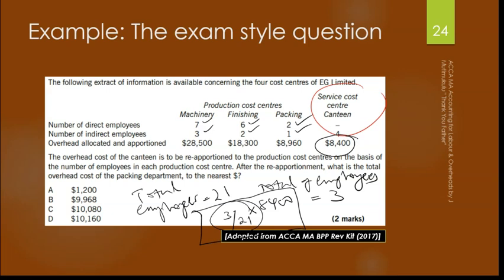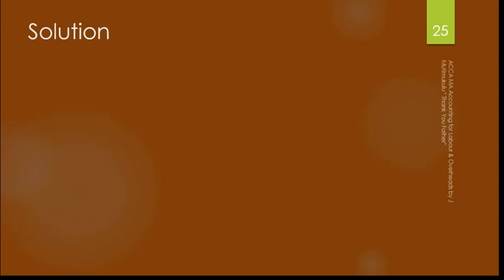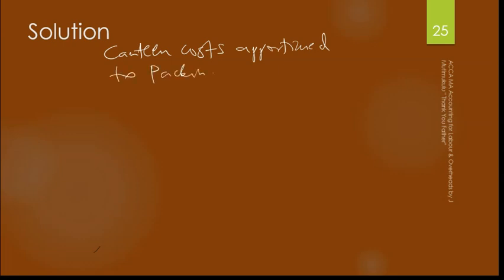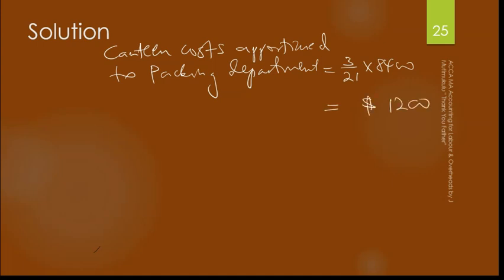All right, so we come here and say canteen costs apportioned to packing department should be 3/21 multiplied by 8,400, and this should be 1,200.